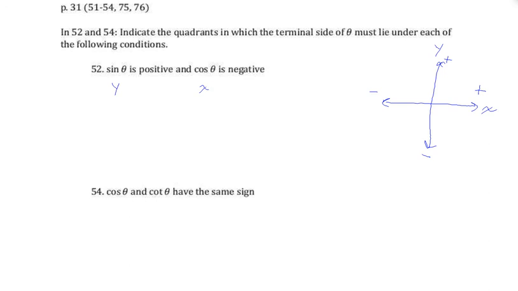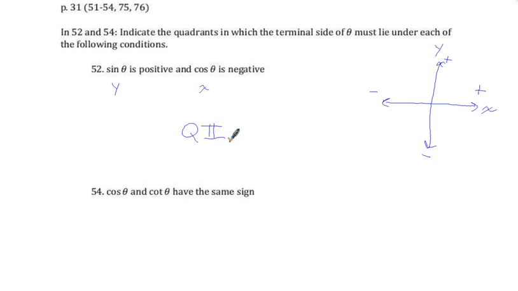So another way of asking this question is, where is sine positive and cosine negative? The y values are positive here in quadrants 1 and 2, but the cosine values are negative in quadrant 2 only, and therefore the terminal side of the angle would be in quadrant 2.